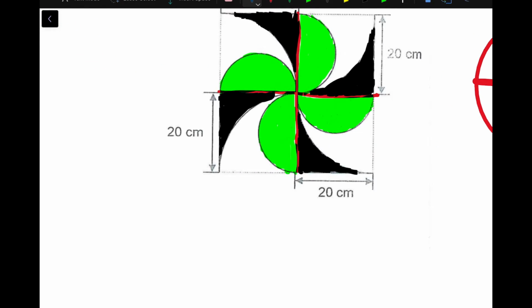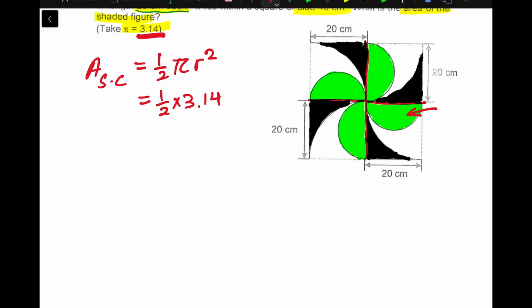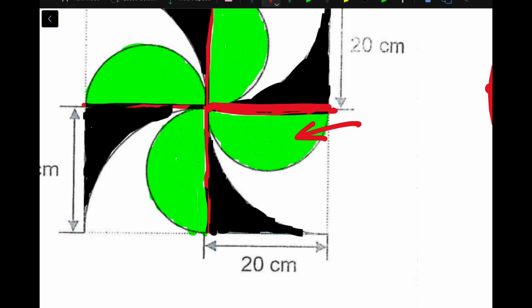So first we need to find the area of this semicircle over here. As you would know, the formula for the area of a semicircle is half pi r squared, which in this case would be half times 3.14 for the value of pi times r squared. Now we don't know what the radius of this semicircle is, but we do know that the diameter is 20 centimeters as given over here.